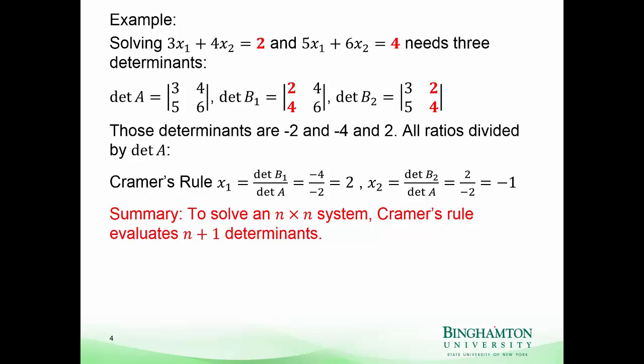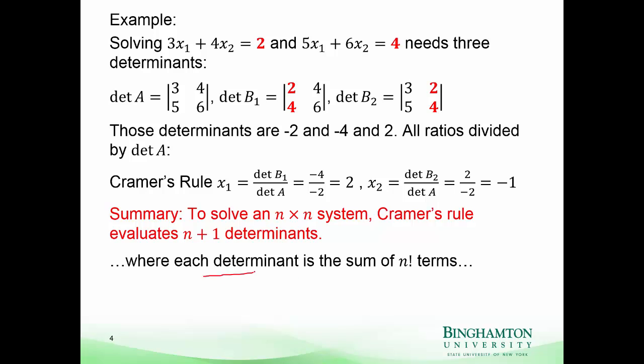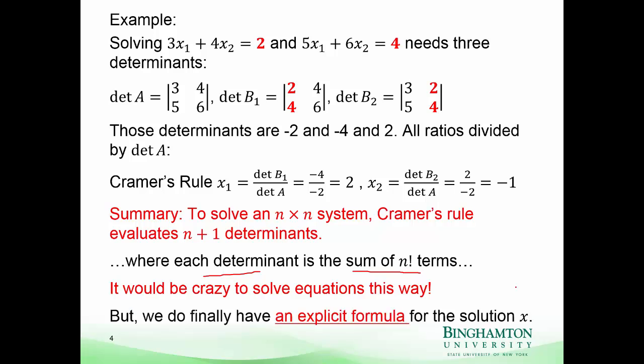That may be worthwhile, especially if you can evaluate those determinants numerically. In reality, though, these determinants are the sum of n factorial terms, which can be difficult. So it's really crazy to go about solving equations this way in general, but sometimes this rule comes in handy.